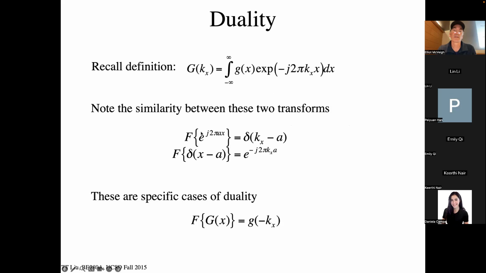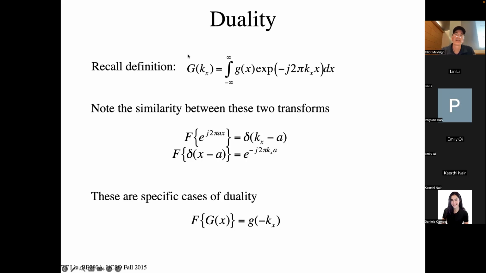This becomes very useful, and this is called duality. We already kind of looked at this, in that the Fourier transform of the Fourier transform of something is related to that thing. So if I take the Fourier transform of g(x), I get this function in the space kx.